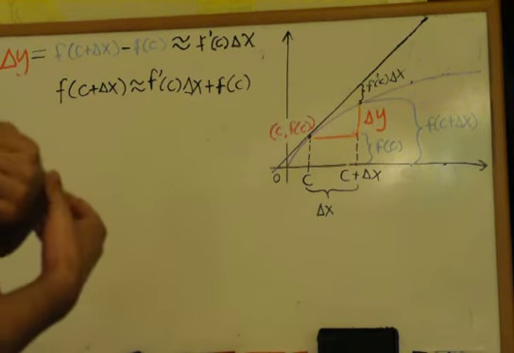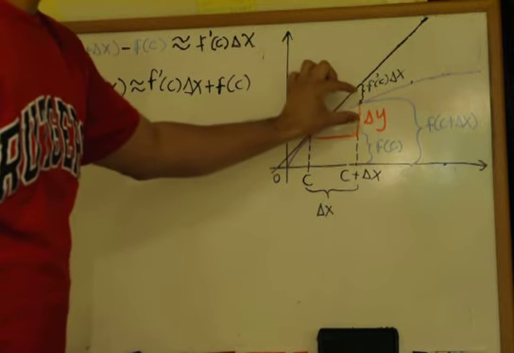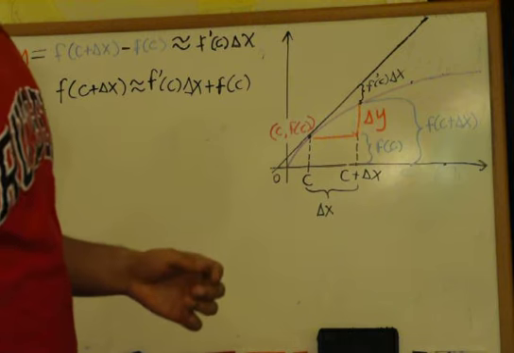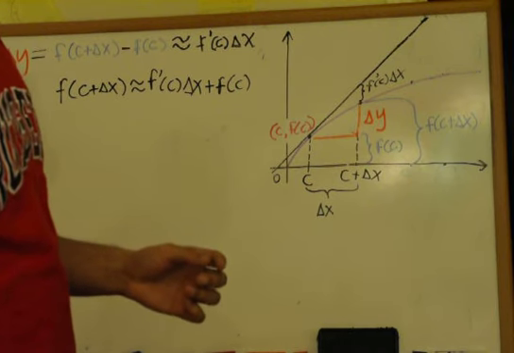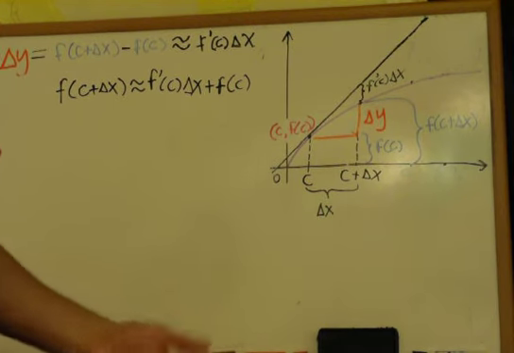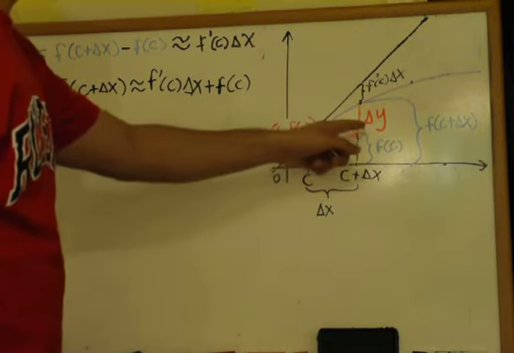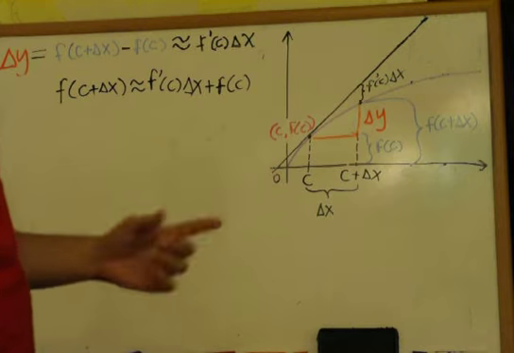Now, like I said, we want to find this delta y, the actual change in y. That's what we're trying to find, but we're going to have to settle for an approximation in most cases, and that's what we're doing here. So what is the actual change in y?